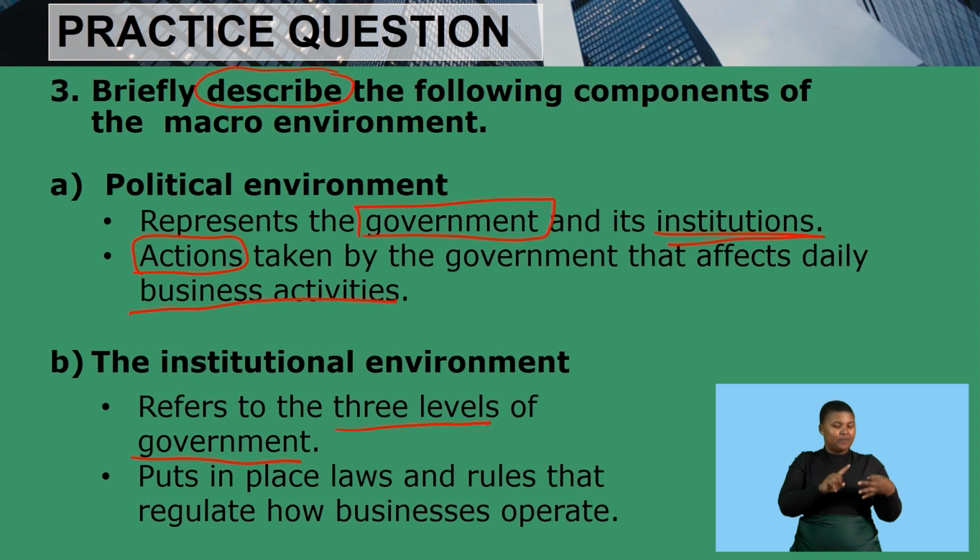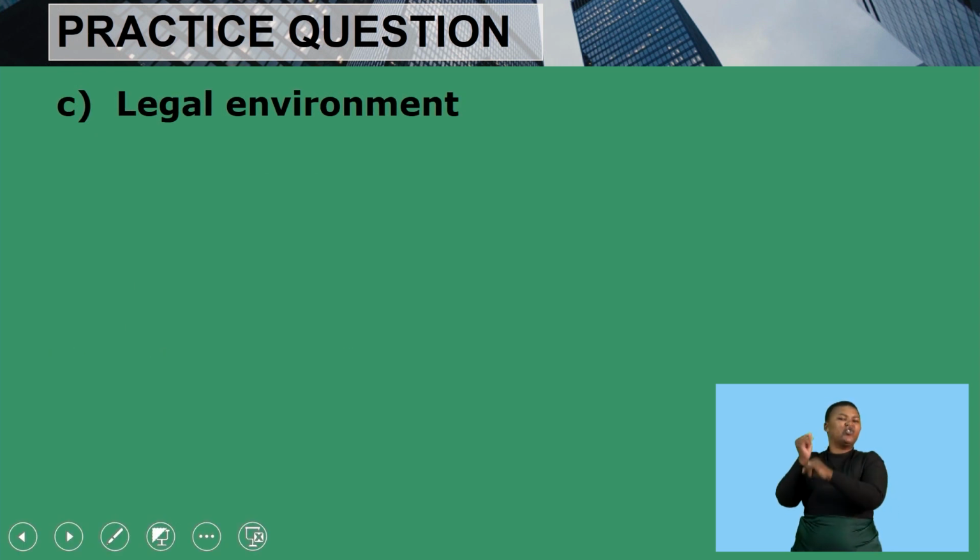You remember, national, regional, provincial levels of government. And it will refer to all laws and rules that are put in place by these institutions that will regulate how our business operates. All right, so that's our description of political and institutional environment.